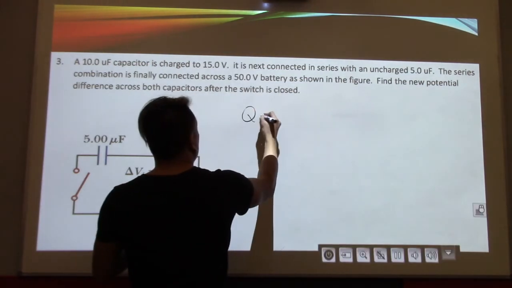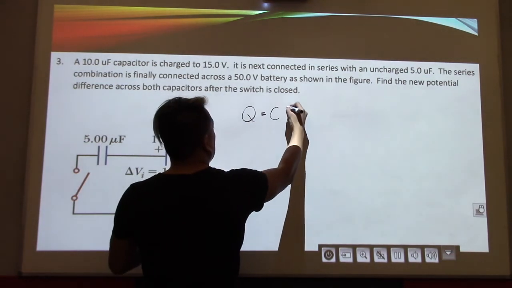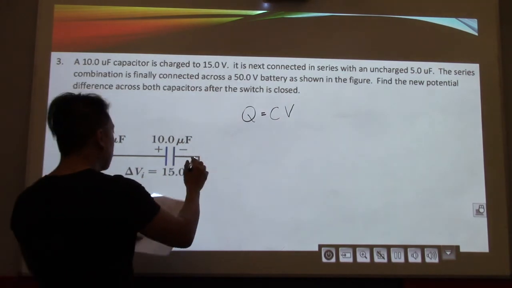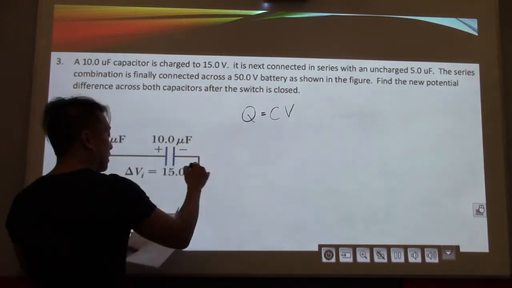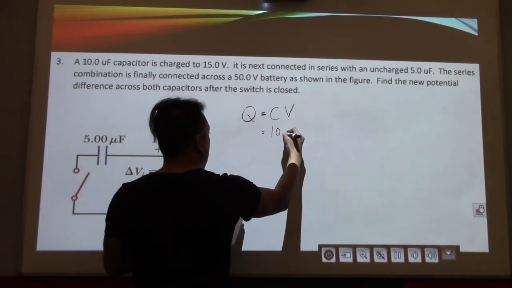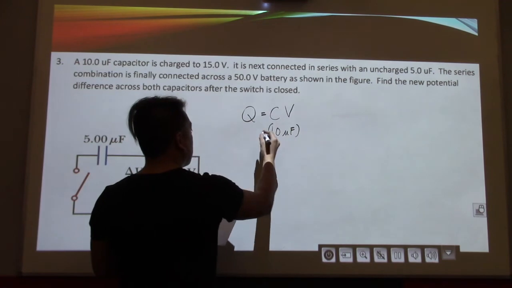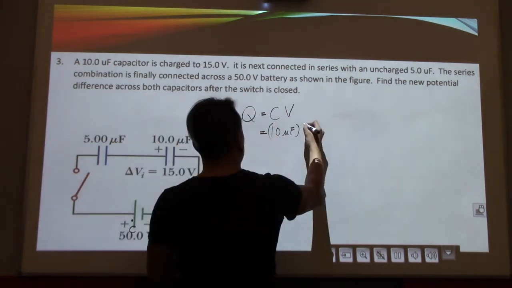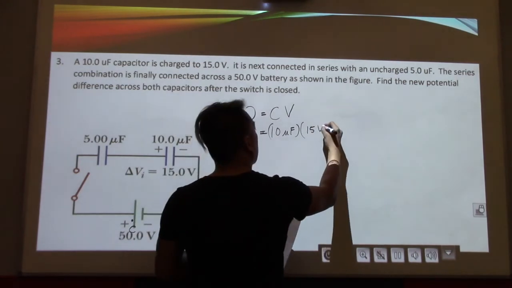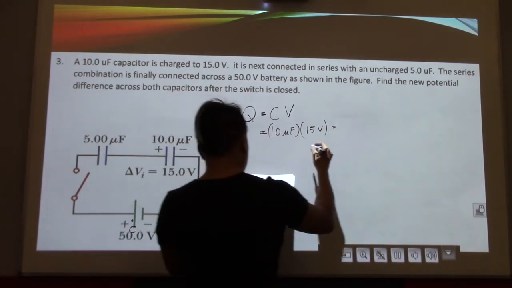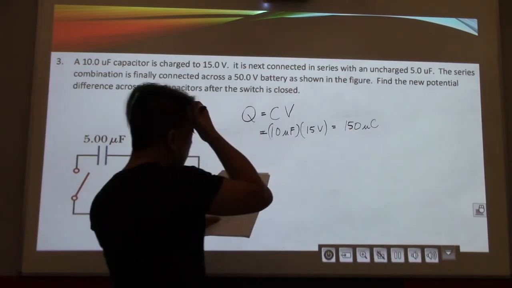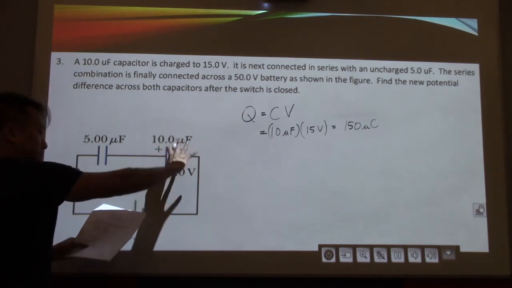So Q equals C V. Let's look at the charge on here. It is going to be 10 microfarads times the voltage difference, 15, equals 150 microcoulombs. That's the amount of charge on this guy, starting out.